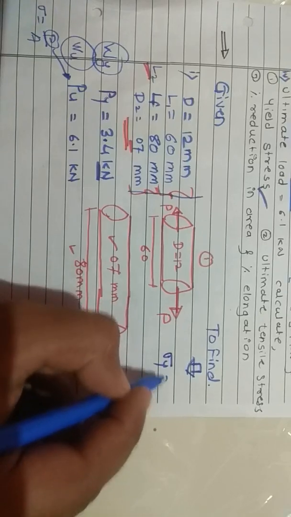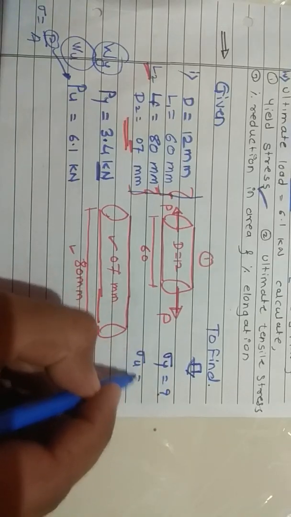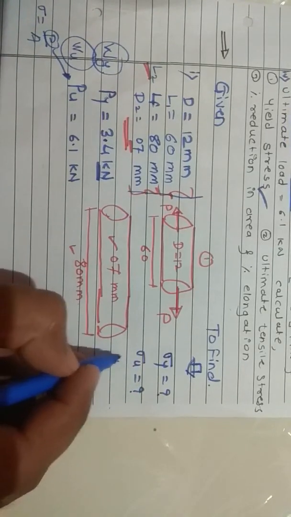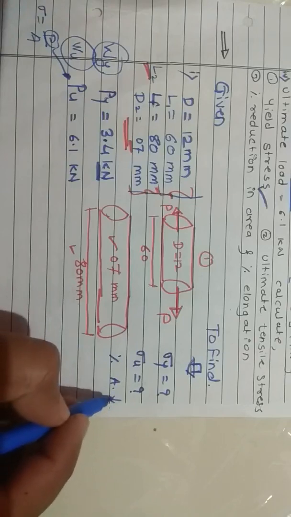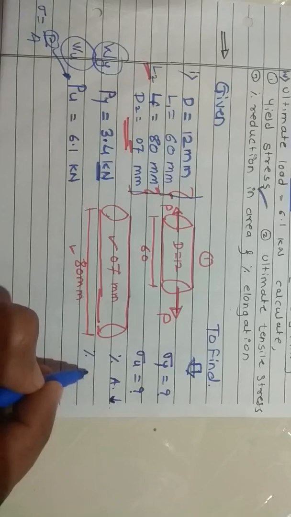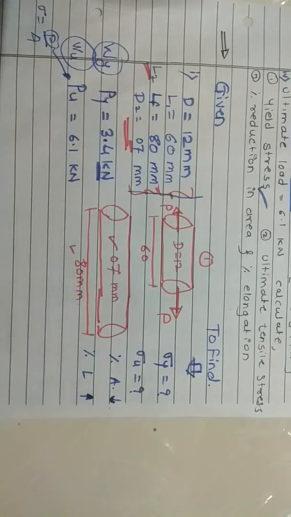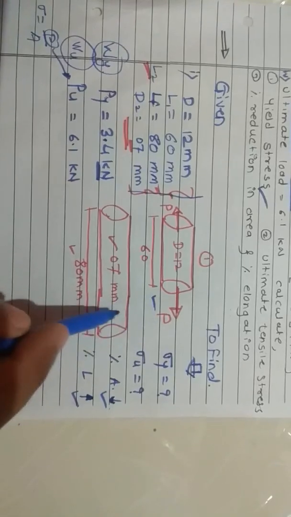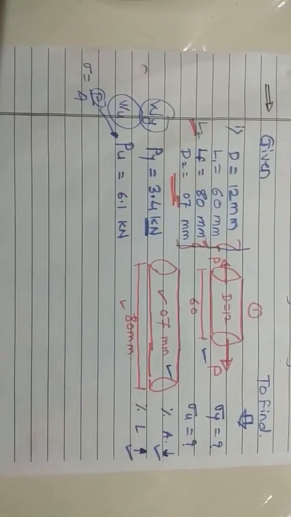Yield means Y. Then second is sigma U. Then percentage of area reduction, which means the area is going to decrease. And percentage of elongation in length, this length is going to increase. We know that by considering the diagram. Now we will solve this example.